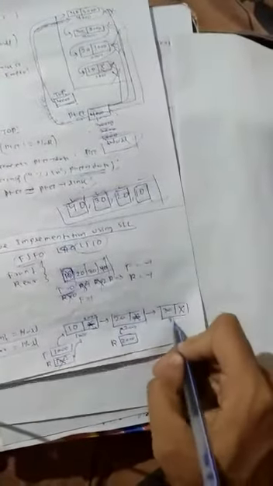This is your null, so this link will be updated, say to 3000, and rear will now be updated to here. In this way, insertion is performed in a queue using the linked list.